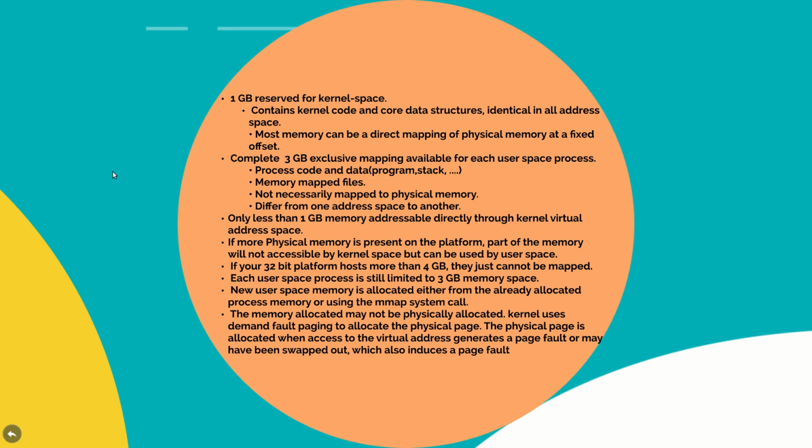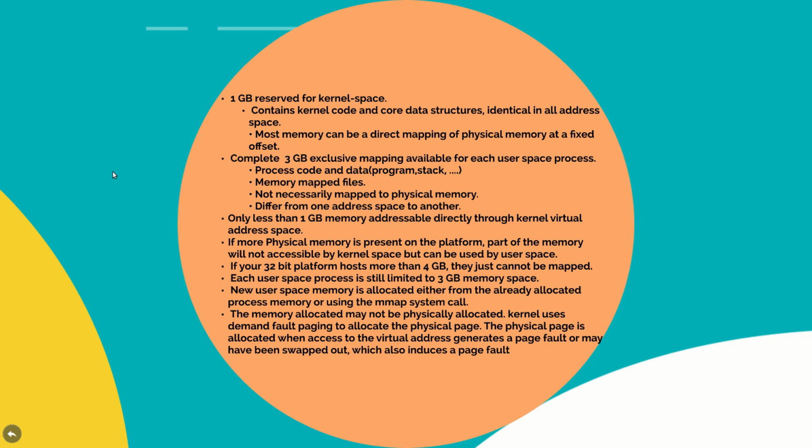Each user space process is still limited to the 3 GB memory space. I have written this in an easier way so you can understand how much memory space we have in a virtual address space. So we have 4 GB, and of this, 3 GB is the user space memory space.